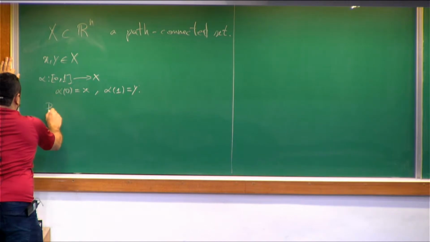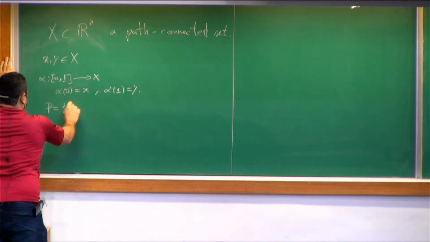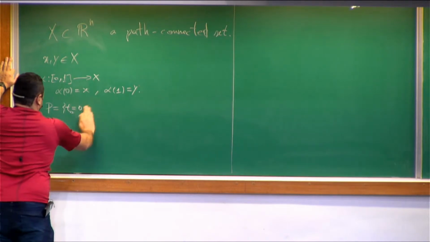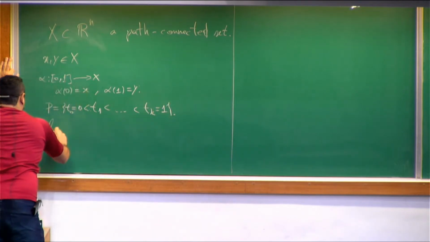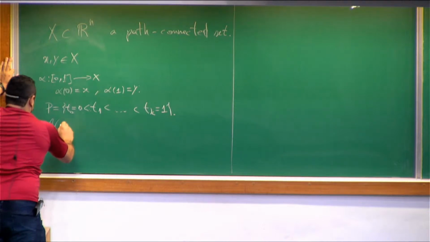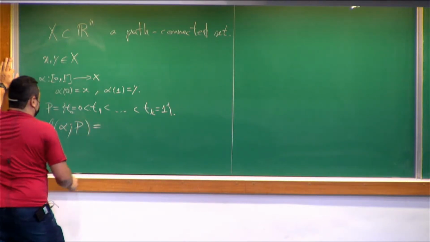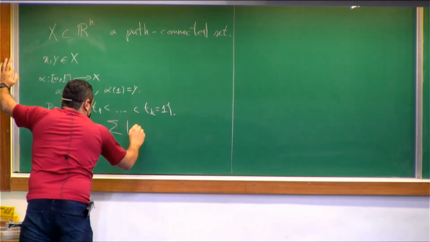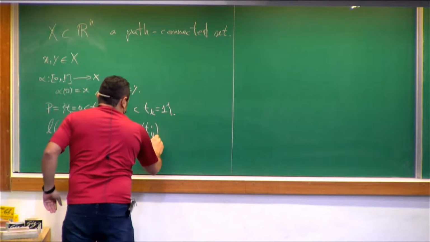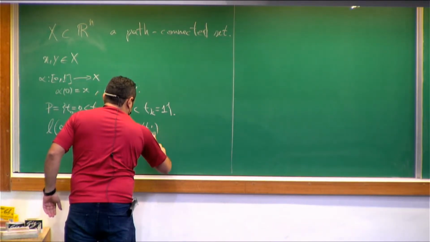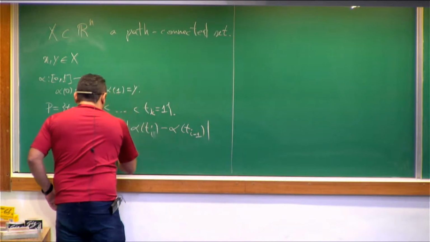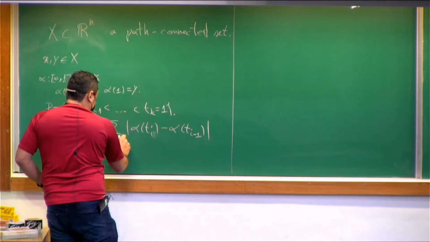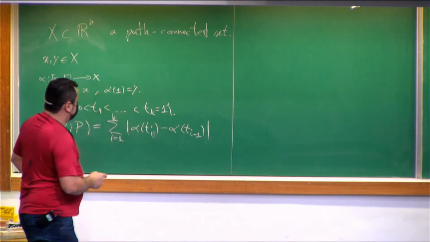If you take a partition P of the interval [0,1], 0 = t_0 < t_1 < ... < t_k = 1, we define the length of alpha with respect to P to be the sum of |alpha(t_i) - alpha(t_{i-1})|, i equal 1 to k.